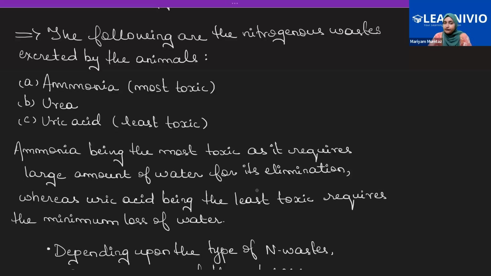If a particular nitrogenous waste requires a lot of water for it to be eliminated, then that is called the most toxic. Like ammonia, it requires a large amount of water for the elimination process. And the nitrogenous waste that requires less water, we call the least toxic, that is uric acid.